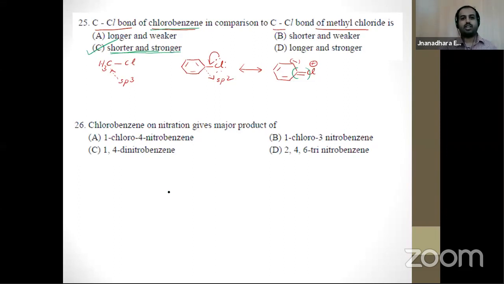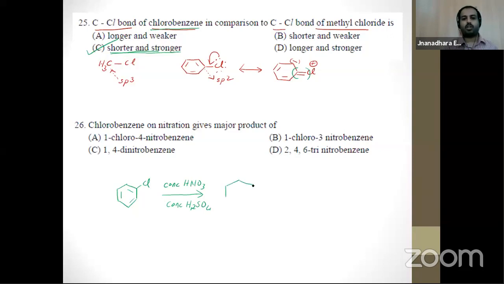Question number 26. Chlorobenzene on nitration gives major product. Yes, we discussed this. Chlorobenzene upon nitration, you get both orthochloronitrobenzene, parachloronitrobenzene. The reagents are concentrated nitric acid, concentrated sulfuric acid.